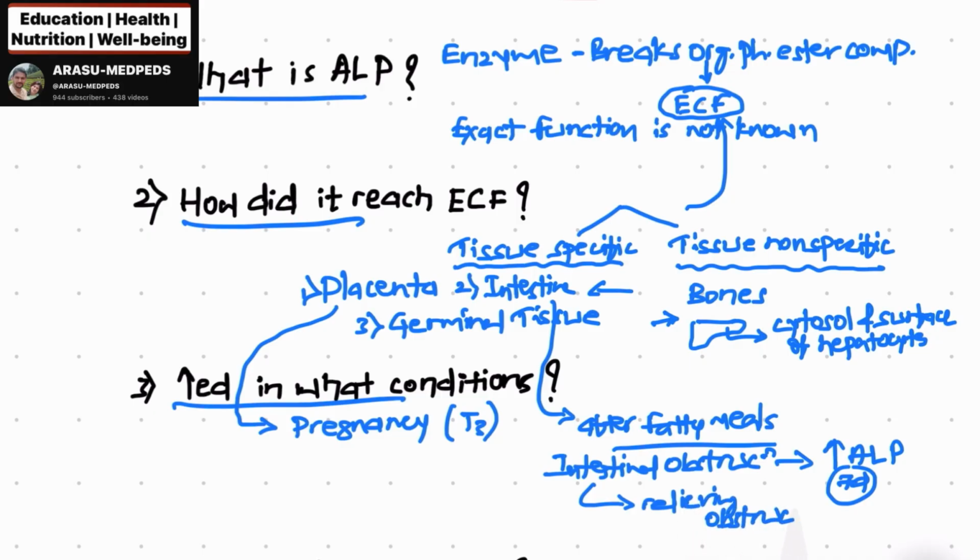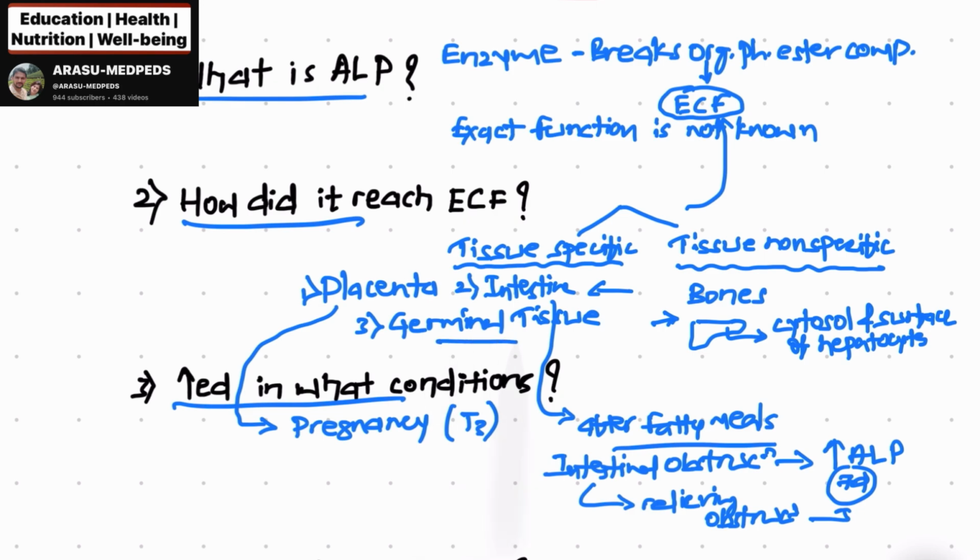Sometimes from the surgical department, even after relieving intestinal obstruction, there will be raised ALP. For that, physicians might get a reference. There we have to follow a wait and watch policy, as it will take 7 days to clear from the serum levels. This is about intestinal reasons for raised ALP levels.